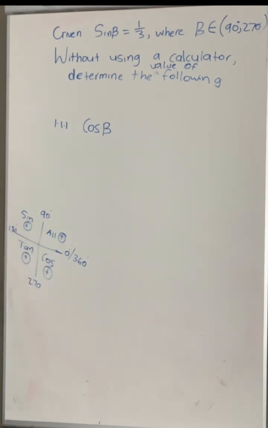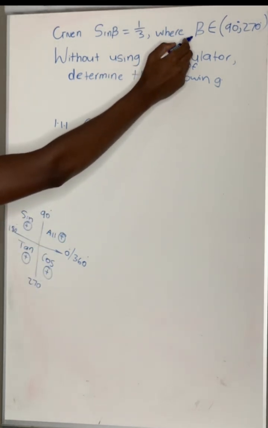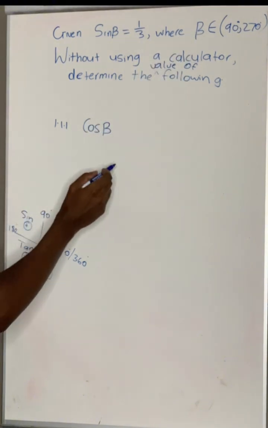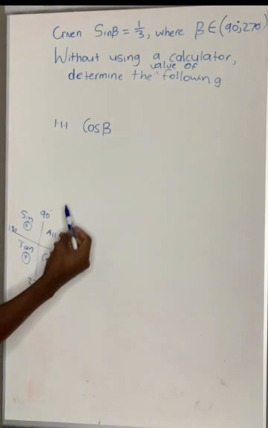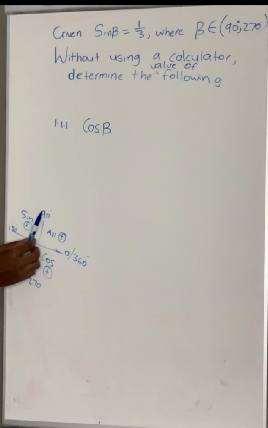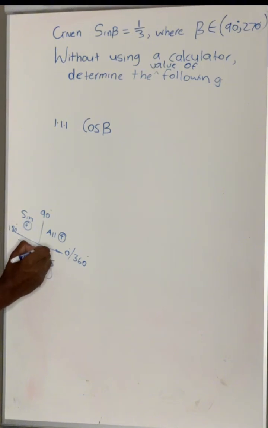Okay. Now we are told that beta, which is basically an angle, lies between 90 and 270, which means it's in between the second quadrant and the third quadrant, because 90 all the way to 270 over here. So it lies between these two. Now remember what I said. All trig ratios are positive in the first quadrant, sine is positive in the second quadrant, tan is positive in the third quadrant, and cos is positive here.